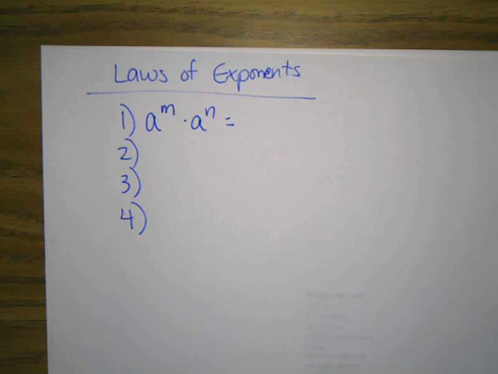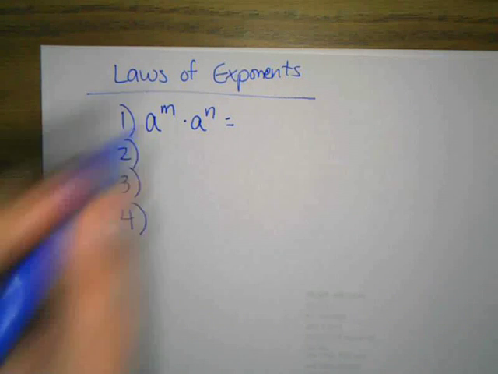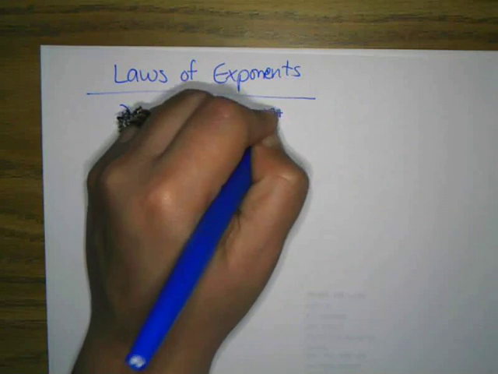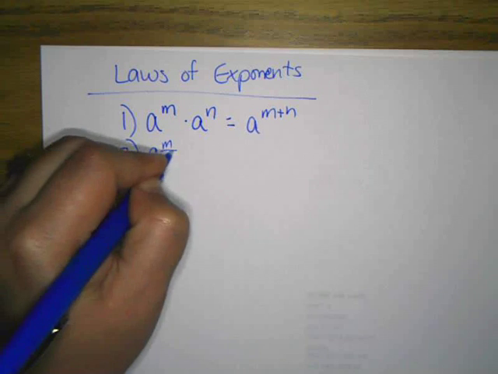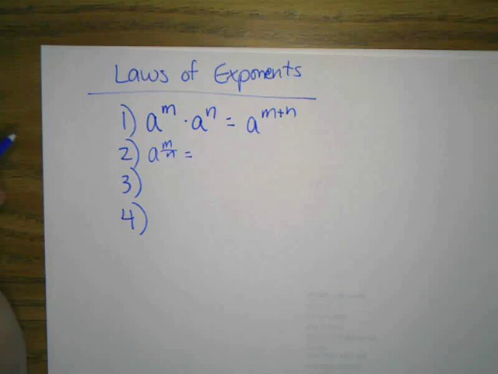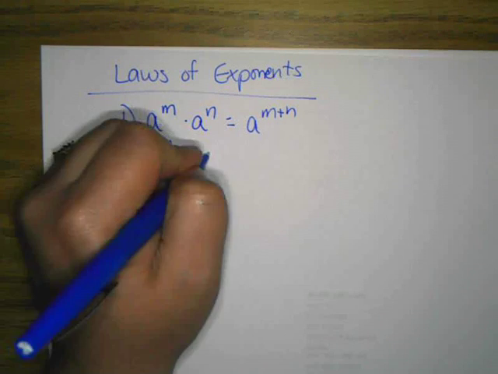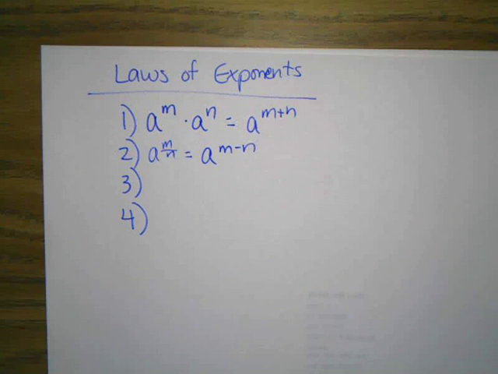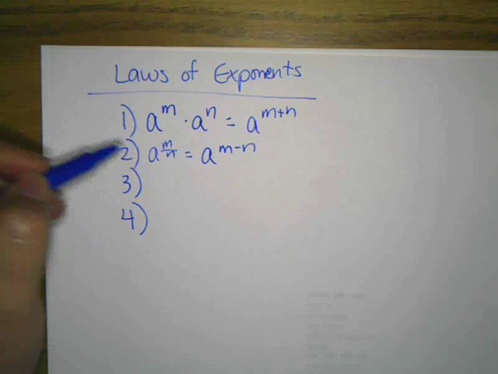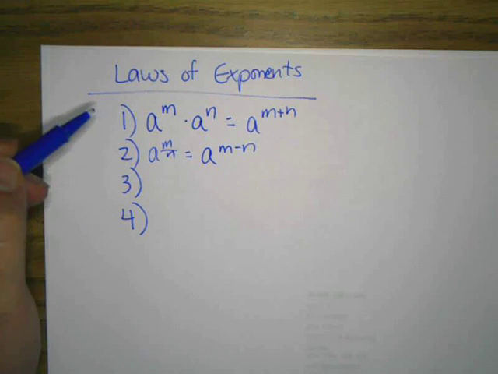Right now you should be saying add. That is a to the m plus n. Now if you have a to the m over n, a fraction, what do you do? It's a to the, we subtract m minus n. This is also where we say, okay, which one wins, top or bottom, by how many? We do that a lot as well.